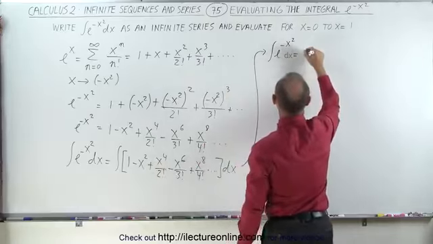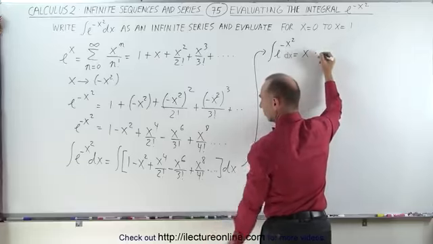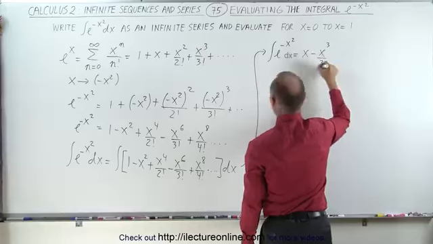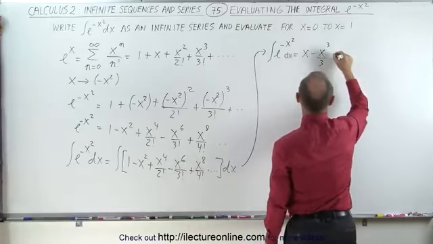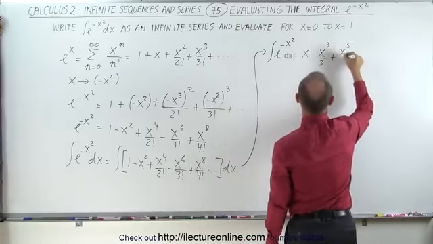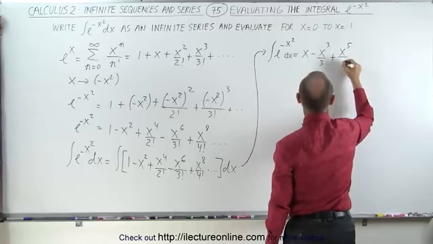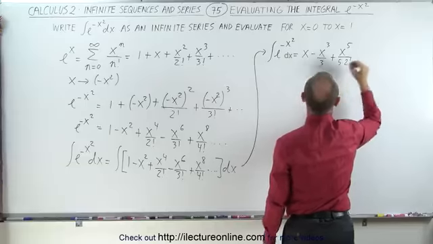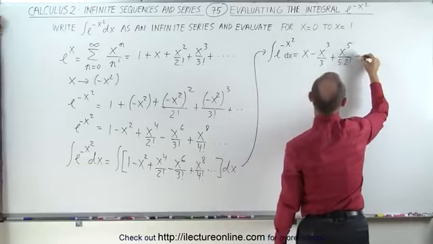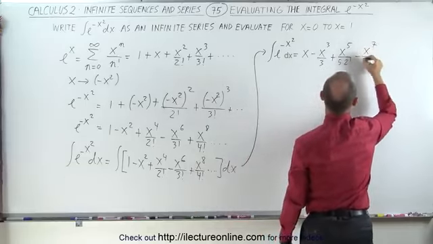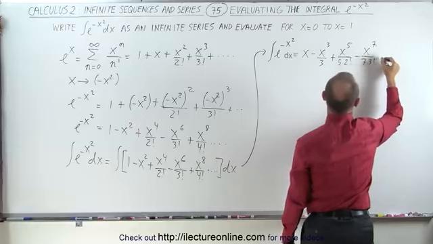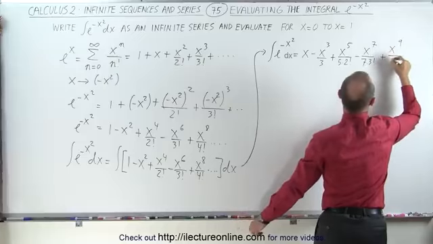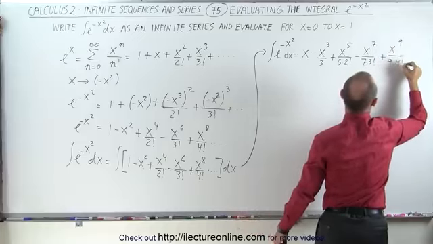That means the integral of 1 is x, minus x cubed over 3. And then here we get plus x to the 5th over 5 times 2 factorial. And then we have minus x to the 7th over 7 times 3 factorial. And then plus x to the 9th over 9 times 4 factorial.